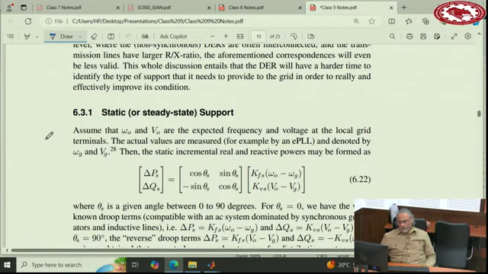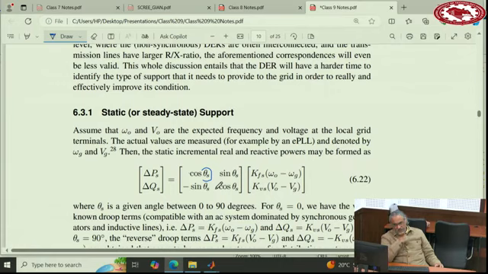Therefore, the approach that I'm going to use here: real power and reactive power are both related to a combination of frequency and magnitude. To make that combination happen, I introduce a new parameter, theta s, that can change from 0 to 90 degrees.